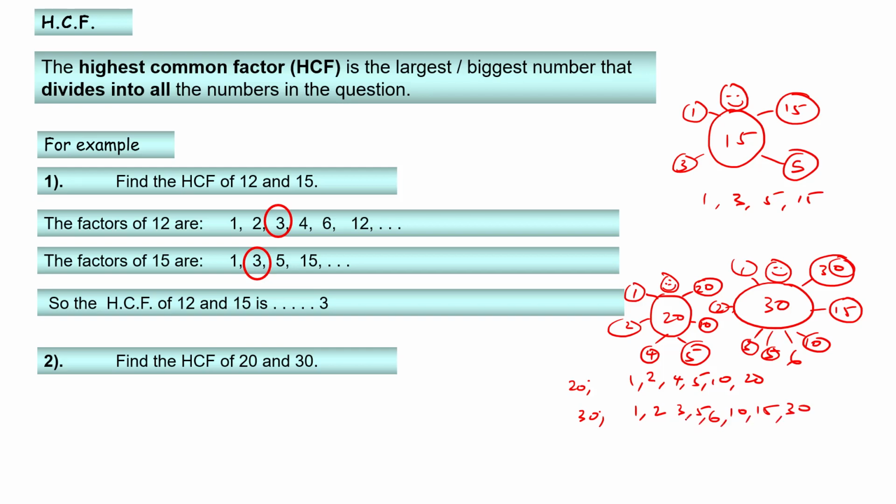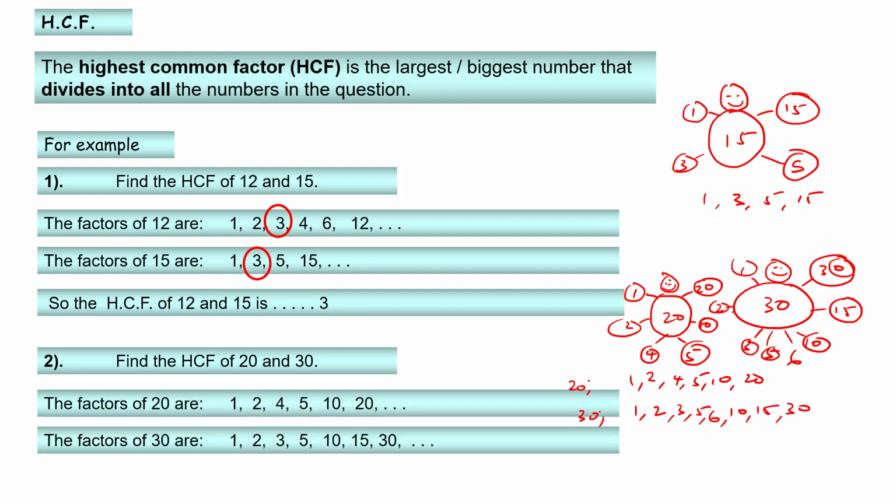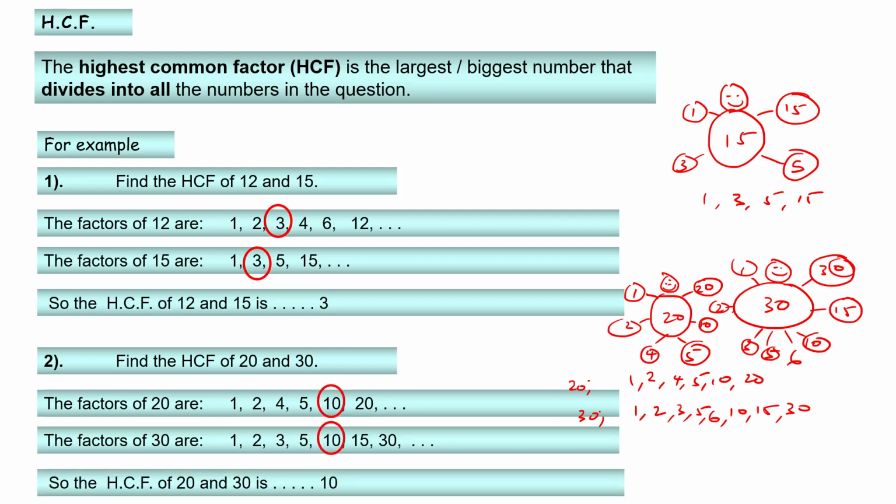So we're looking for what number is the highest. Let's just put them here. And what's the highest number that goes into both of them? It is 10. So we say the highest common factor of 20 and 30 is 10.